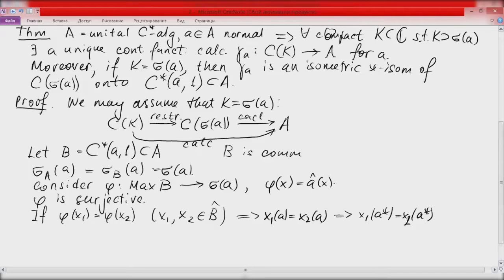But B is generated by a as a C-star subalgebra. So if x1 and x2 are the same on a and on a star, then they are the same everywhere. So this implies that x1 equals x2. So we see that phi is injective.